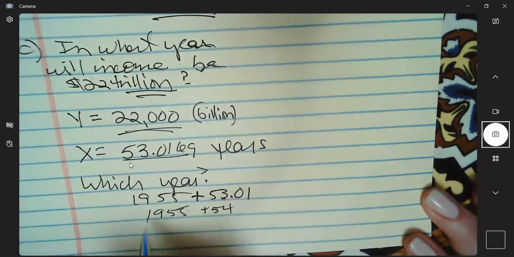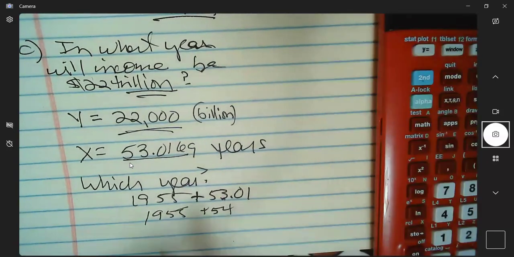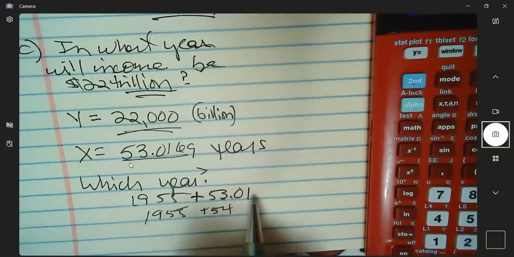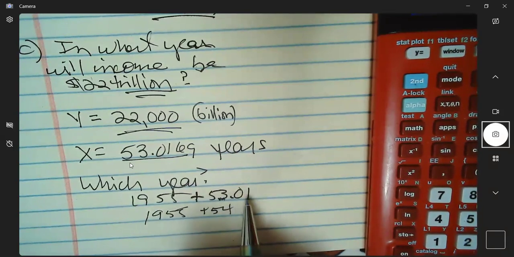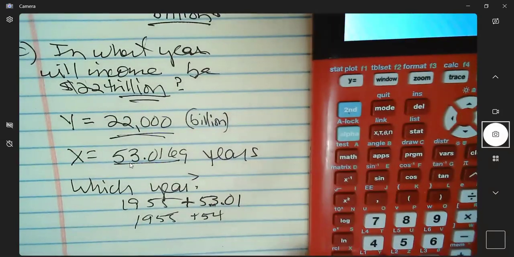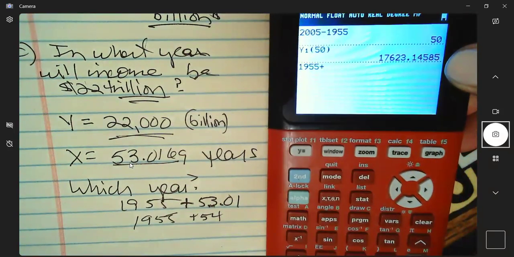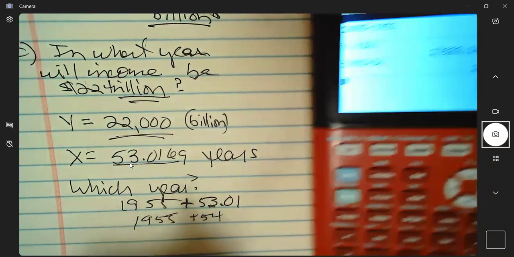So a lot of times when we're asking what year did something happen, if it's an increasing function, if it's not a whole number, but it's a whole number plus a decimal, that decimal value means we're into the following year. So let's just go and see what that is. 1955 plus 54, 2009.